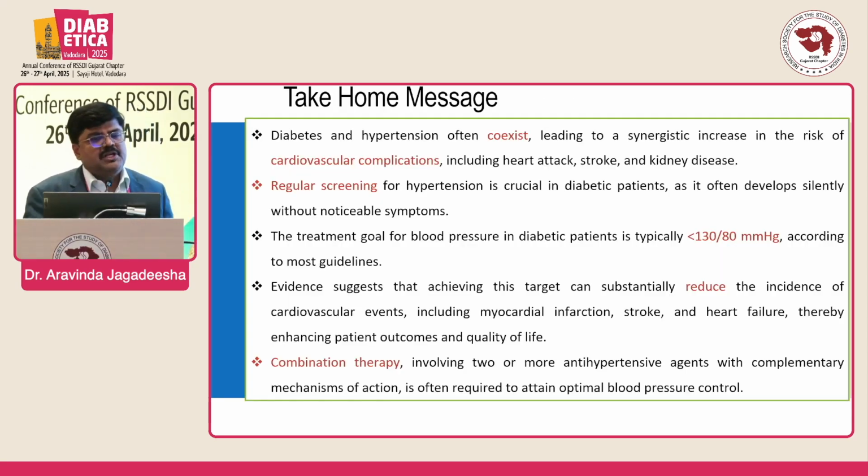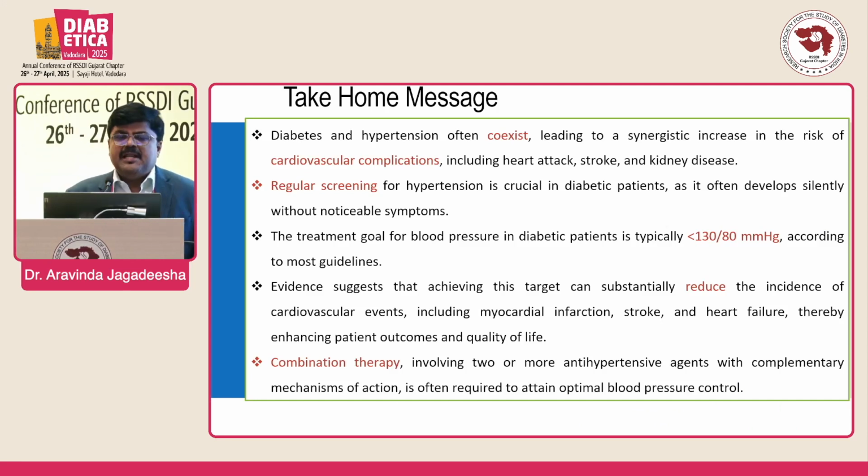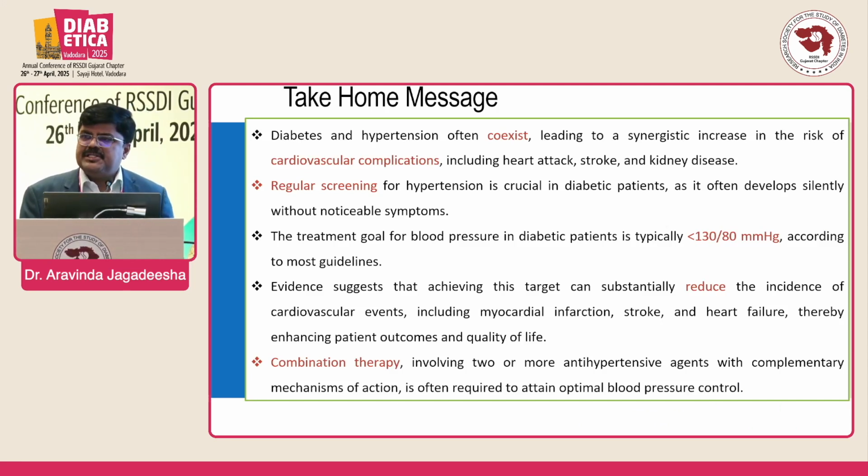So ladies and gentlemen, the take home message from my talk: diabetes and hypertension often coexist, leading to a synergistic increase in the risk of cardiovascular complications, including stroke and kidney disease. Regular screening for hypertension is crucial in diabetic patients as it often develops silently without noticeable symptoms.